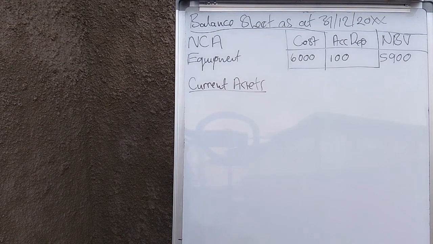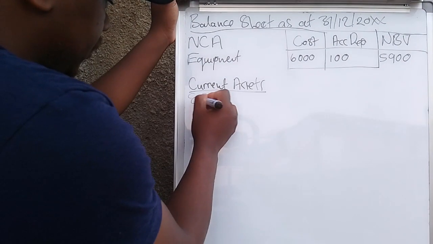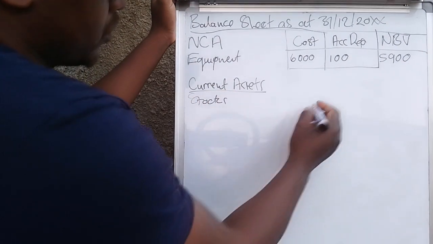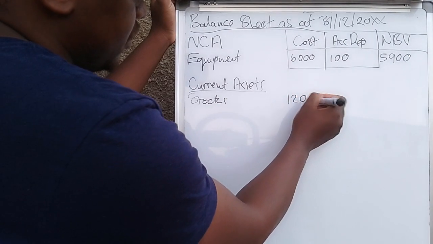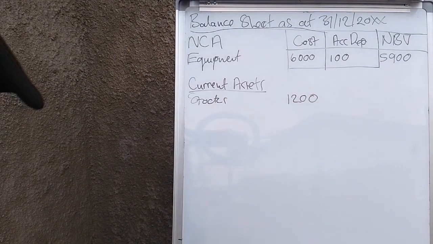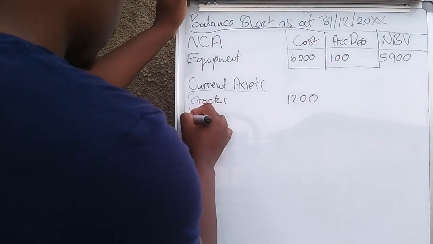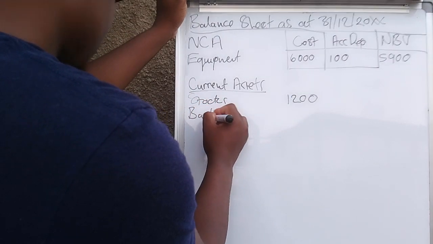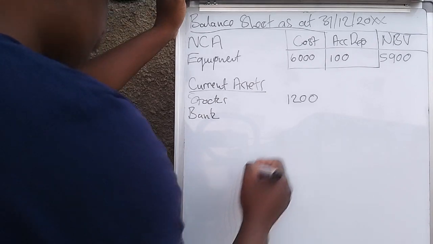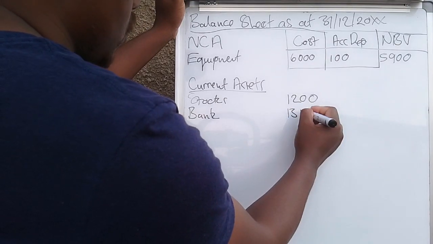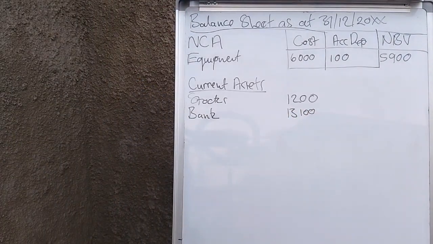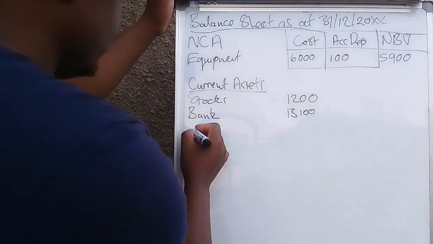Okay, current assets, we have number 1, stocks. Stocks, we have 1,200. We also have cash, or the bank balance. We have money in the bank at 13,100. We also have debtors or receivables.